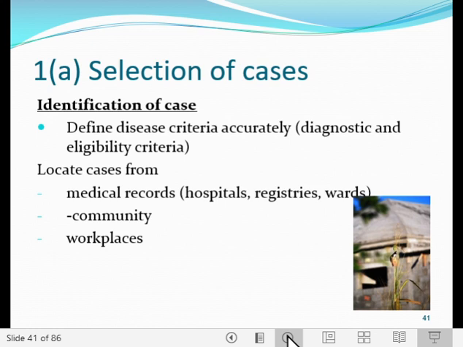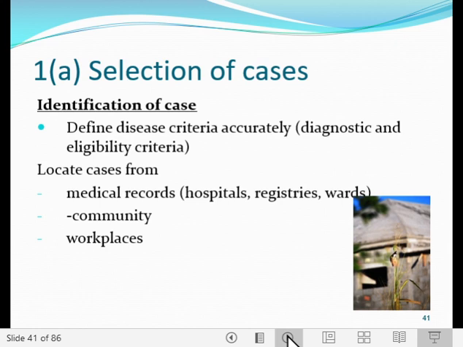The first step is selection of cases. There first we have to identify the case. Identifying the case means you define the disease criteria accurately, both diagnostic criteria as well as eligibility criteria. Diagnostic criteria meaning which stage of the disease are you going to include in the study.